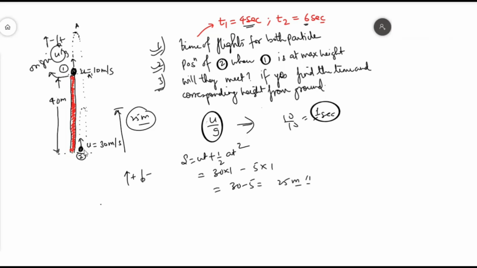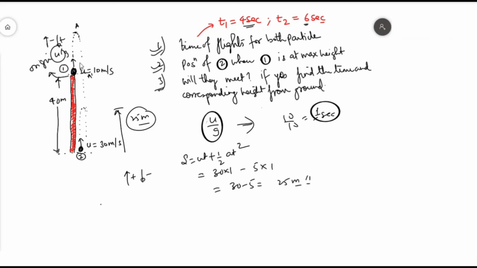So while this guy is still going up, particle 1 has already covered its loop and is going down, so they have to meet. If this doesn't seem very obvious to you, pause the video and try to convince yourself why this has to be the case. Okay, now we are sure that these particles are going to meet.